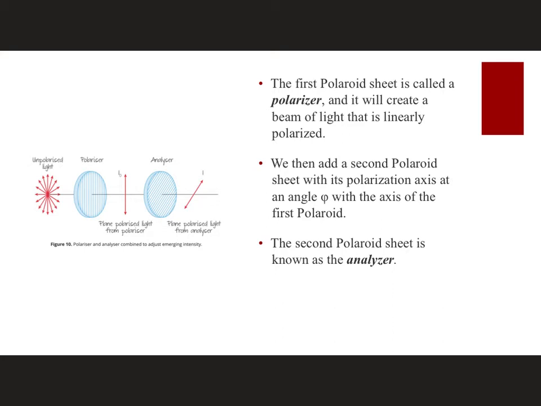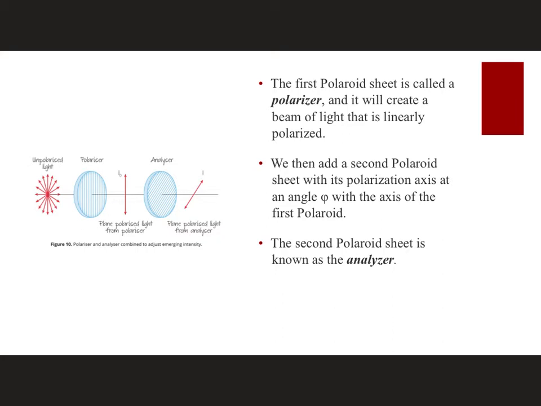So, for example, here's my unpolarized light, and it goes through my first polarizing sheet, and it only allows the vertical components of the electric field of the light to come through. If I put a second one, and we typically call that the analyzer, at an angle, then it's now only going to allow the components that are parallel to this new polarization axis through.